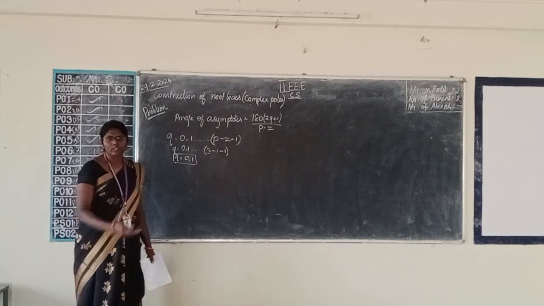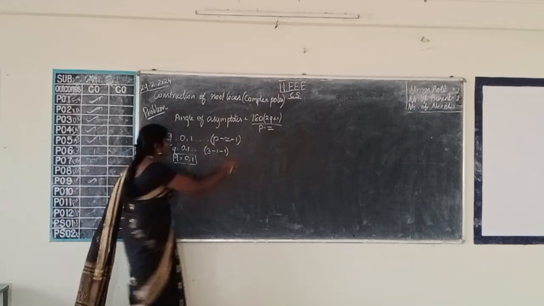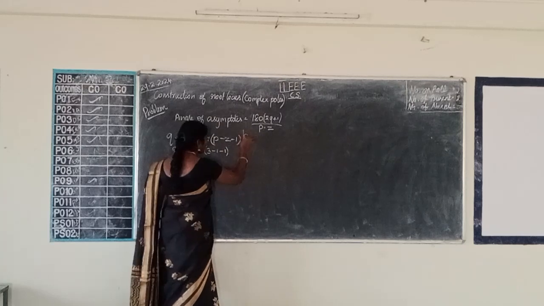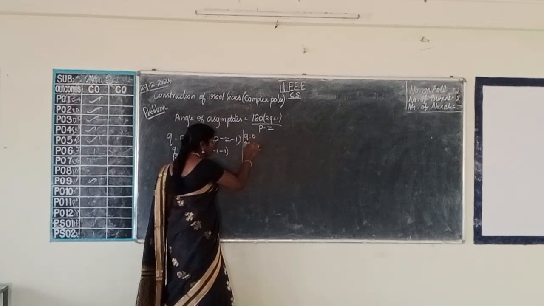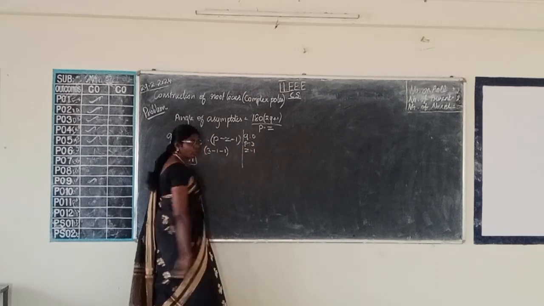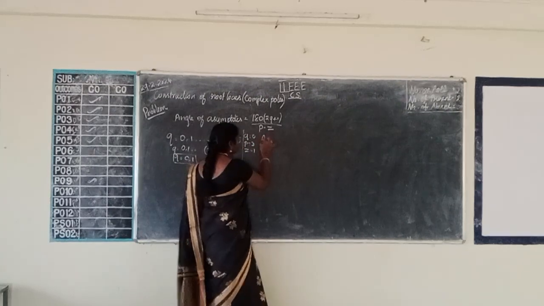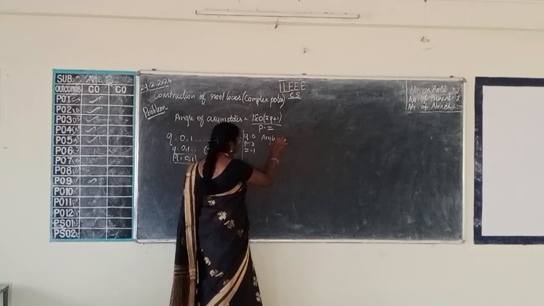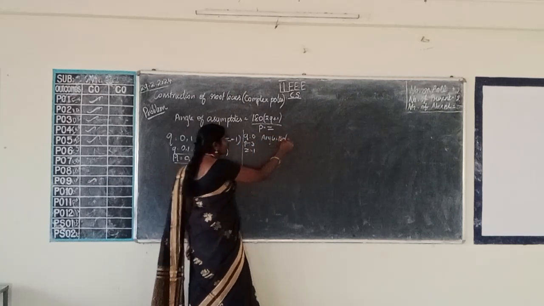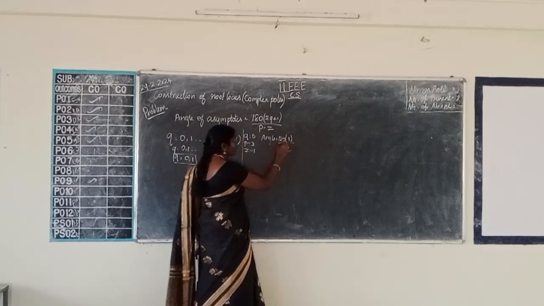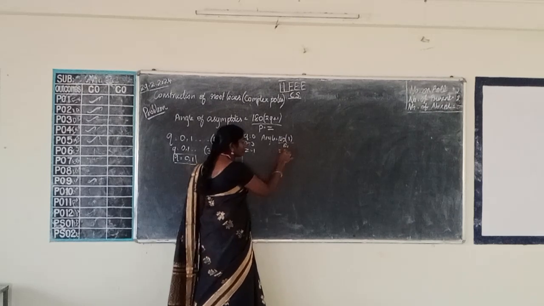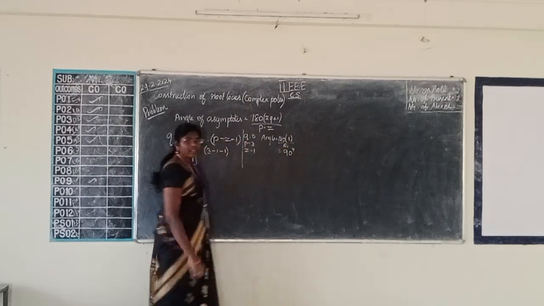Now substitute q equal to 0, p equal to 3, z equal to 1 in the angle of asymptotes formula. When q is 0, it becomes 180 into 1 divided by (3 minus 1), which is 2, so the answer is 90 degrees.